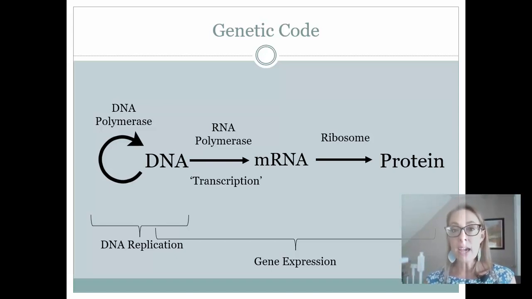So DNA will be transcribed into messenger RNA by RNA polymerase. When a ribosome reads the messenger RNA 3 nucleotides at a time, that is translation. So ribosomes translate messenger RNA into a protein.